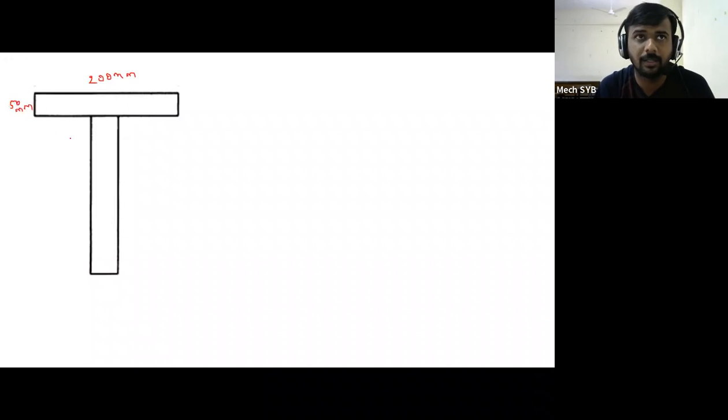So horizontal, it is equal to 50 mm, and this vertical will be how much? 125 mm. So this is the figure.